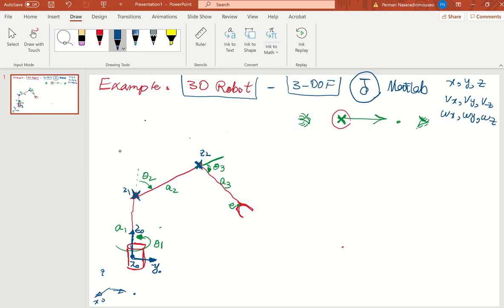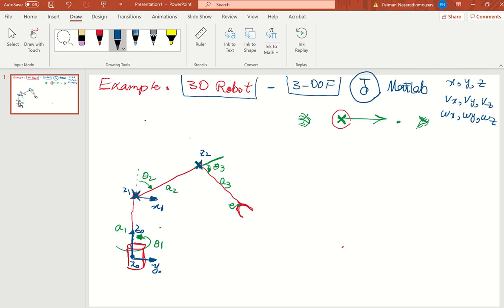Understand? Based on whatever I taught you when we were setting up the Denavit-Hartenberg parameters, X1 must be normal to both Z0 and Z1. So I'm saying that this is normal to both Z0 and Z1.